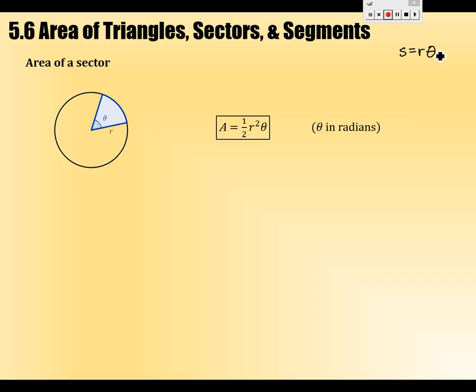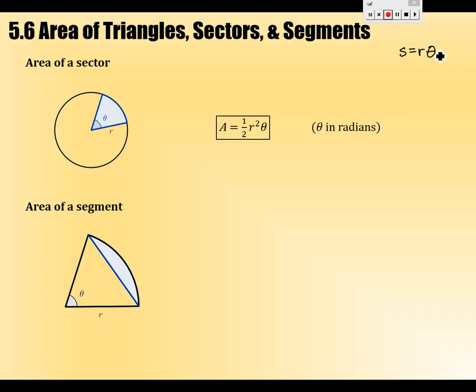So this provides the generalized area formula for any sector of any size, and this one is the generalized arc length formula, which works for an arc of any size. But the area formula and the circumference formula that we know and love are consequences of these formulas, if you like to think about it that way.